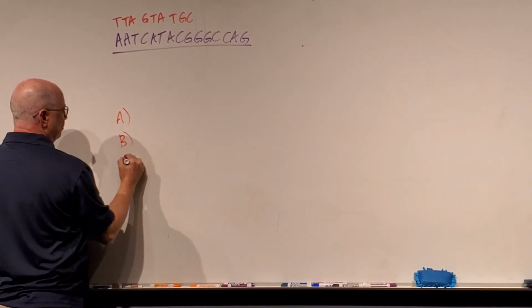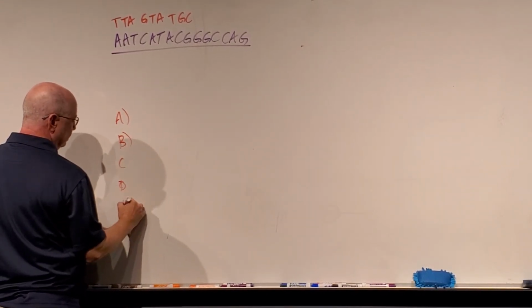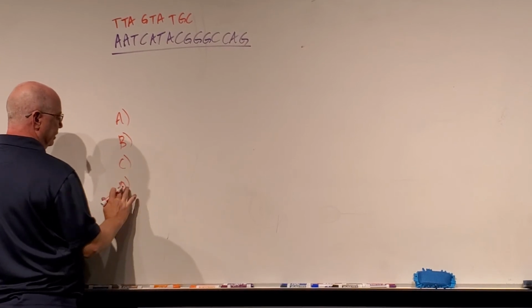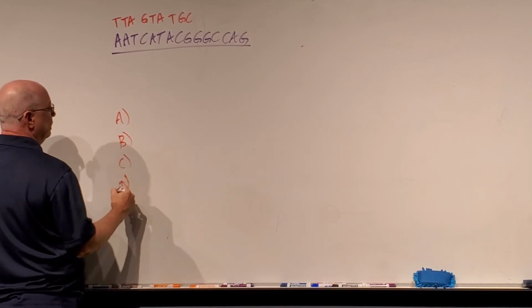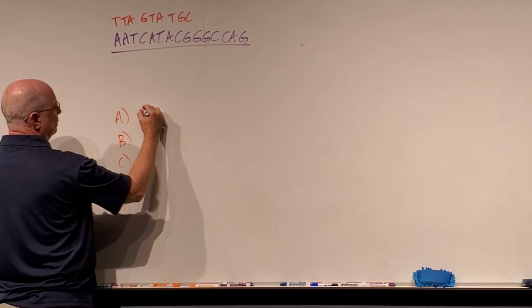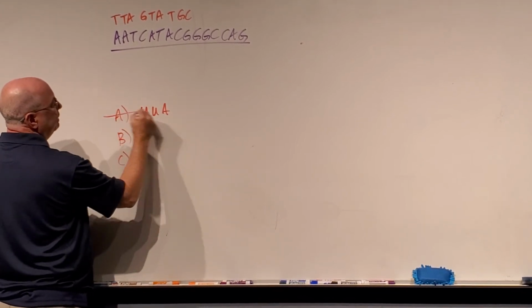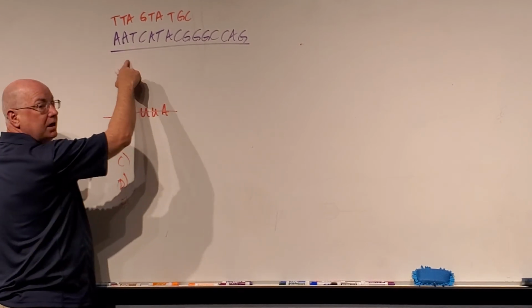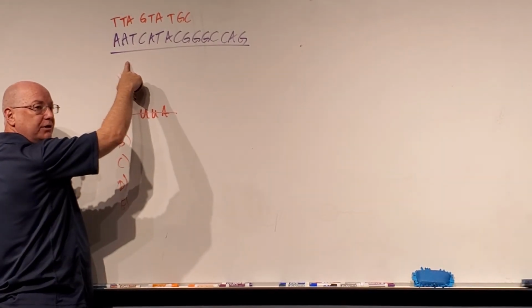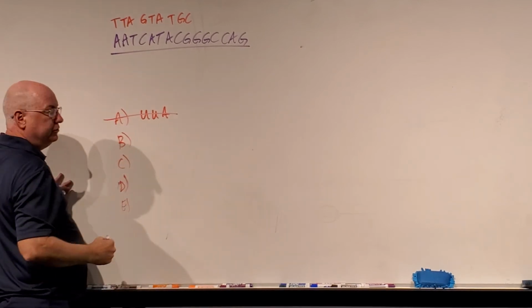Answer A, answer B, answer C, answer D, answer E on a lecture test. And let's say A starts with UUA. Well, you know immediately that's wrong because we're going to be copying or replicating this DNA molecule. We want to know what the complementary strand is.